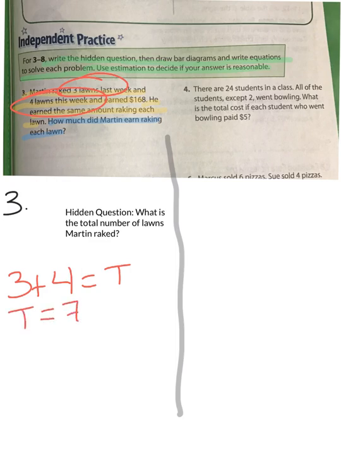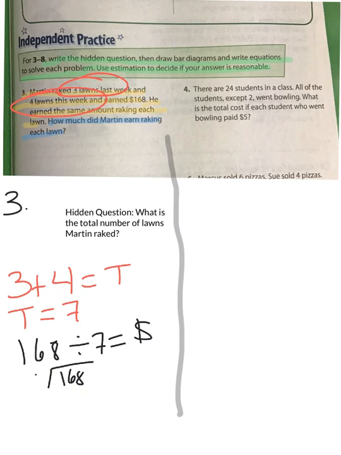So now that we know the total number that he raked, we want to find out how much he earned for each lawn. So we're going to take $168 and divide it by the 7 lawns that he raked, and then we're going to get our total. So I'm going to put a money sign. And if I divide that, I'm just going to use a division bar.